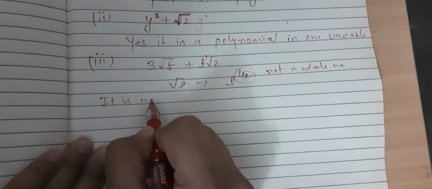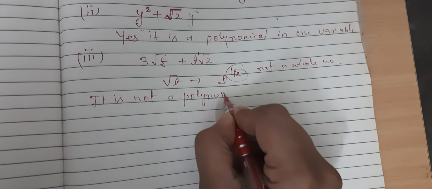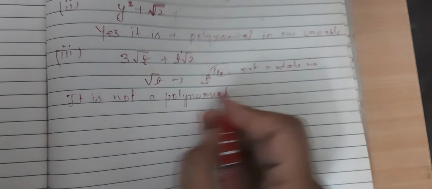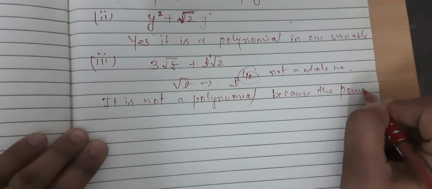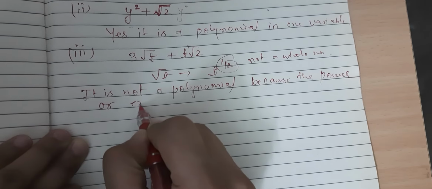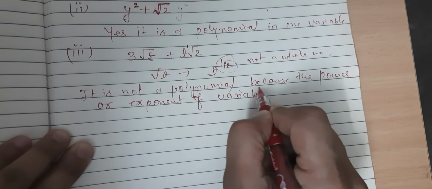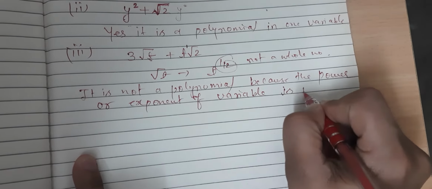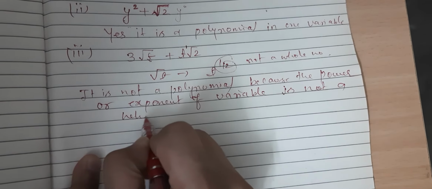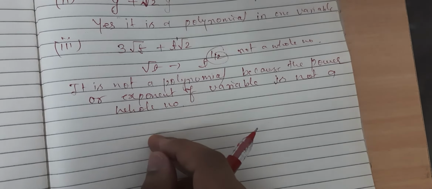What will we write? We will write it is not a polynomial because the power or exponent of variable, here variable is t, is not a whole number. Here the power is not a whole number, so it is not a polynomial.